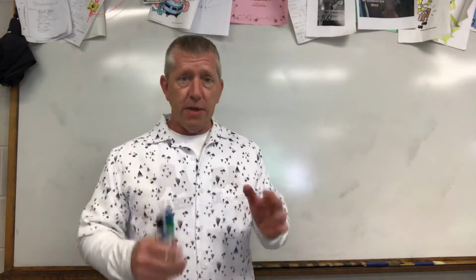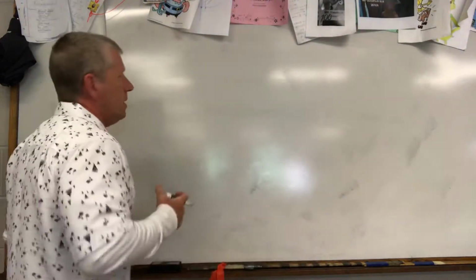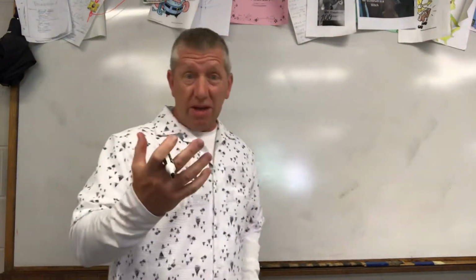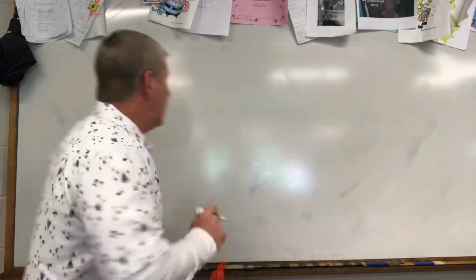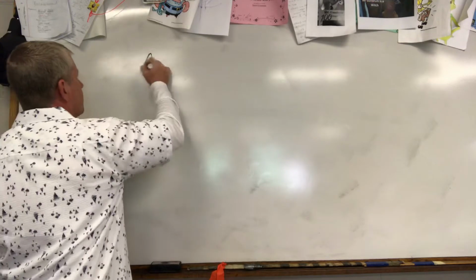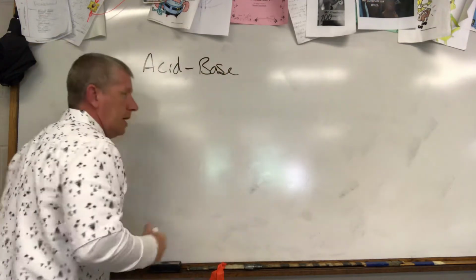There's 5 basic types. So before I get into the 5 basic types though, there is another kind of reaction which we should know. Now I'm going to do the very basic of this kind of reaction called an acid-base reaction. An acid-base reaction can get quite extensive.